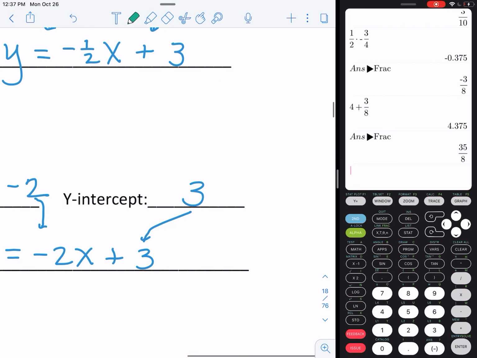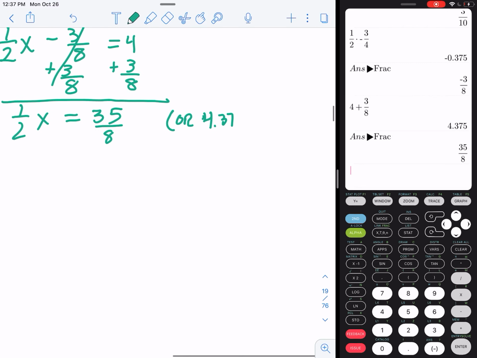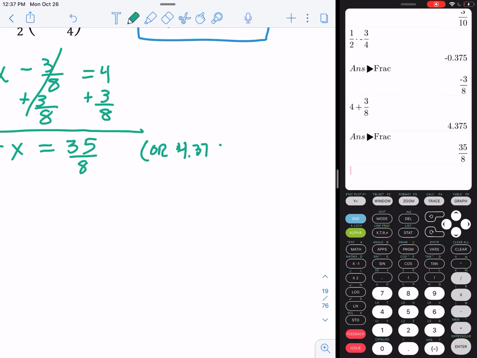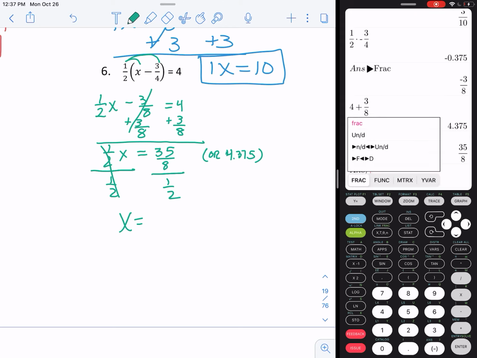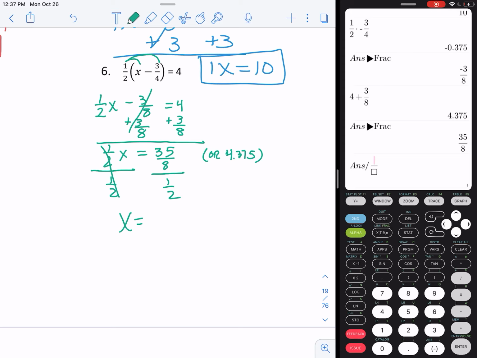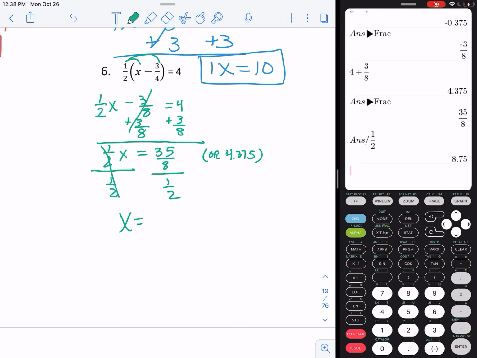Or 4.375. Okay. And now we're supposed to divide by 1/2. So take that 35/8 and hit divide by 1/2. 8.75.